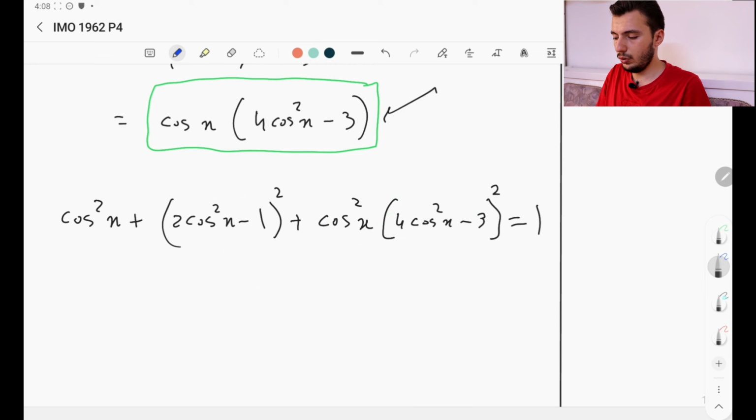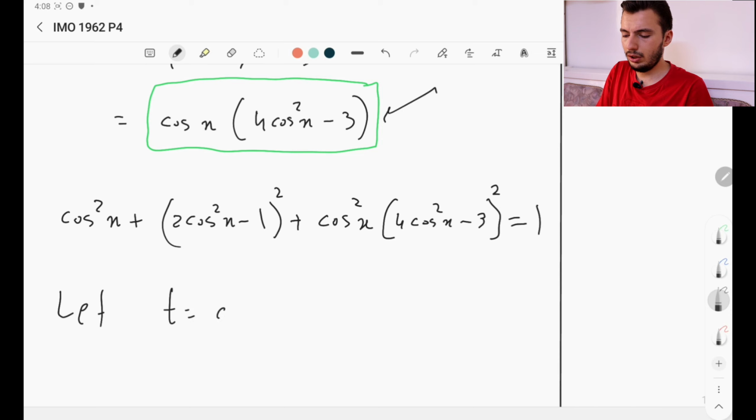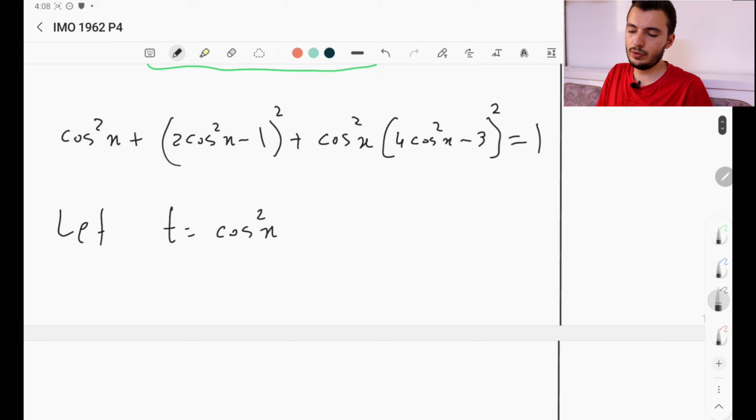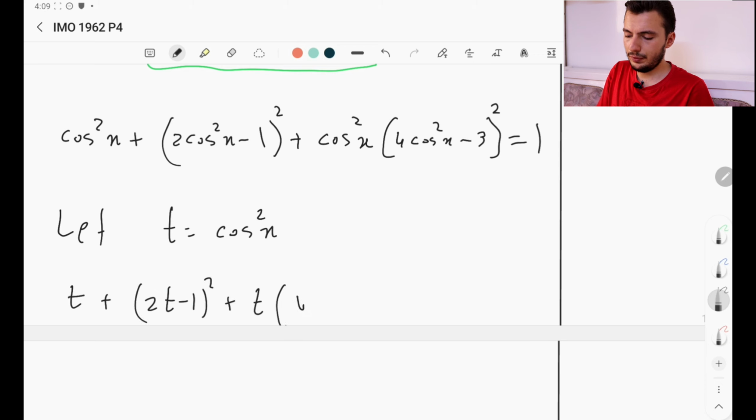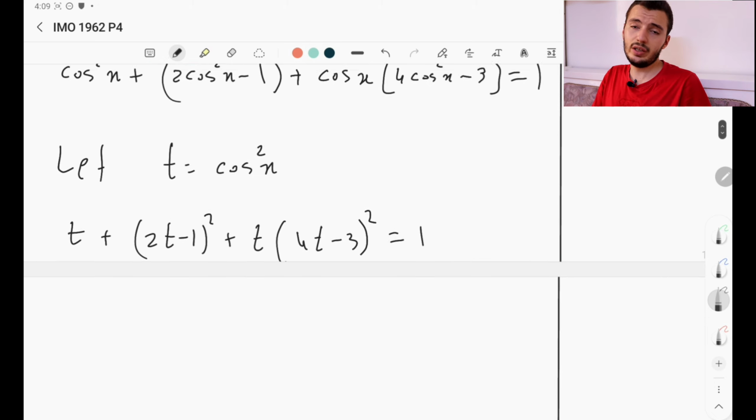Let t be cosine x squared, and let's write the equation in terms of t. Alright, so now it's just t plus 2t minus 1 squared plus t times 4t minus 3 squared is equal to 1.